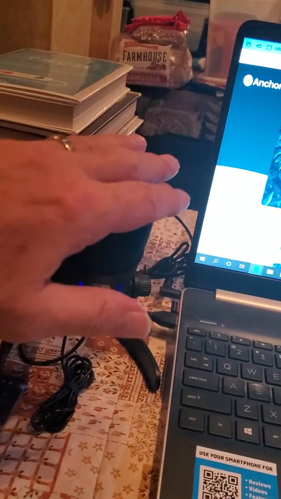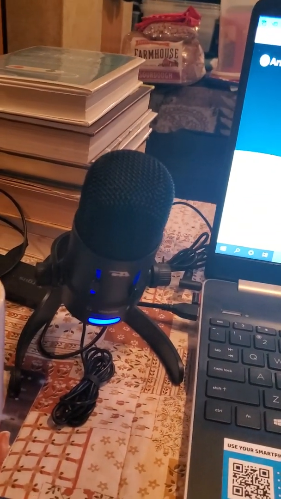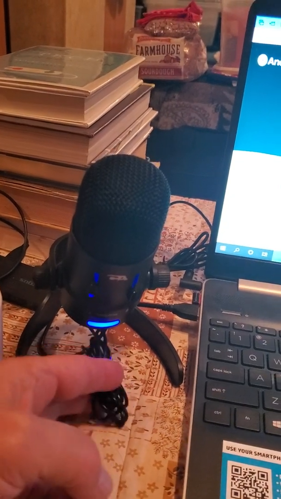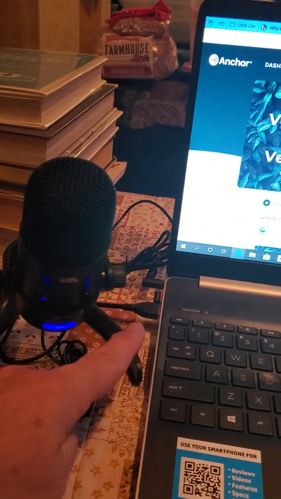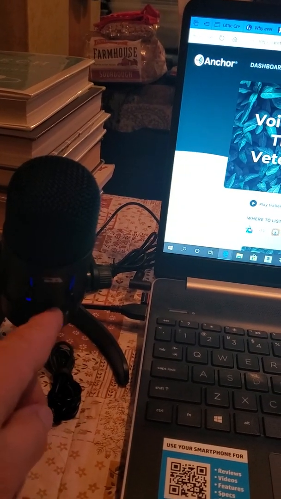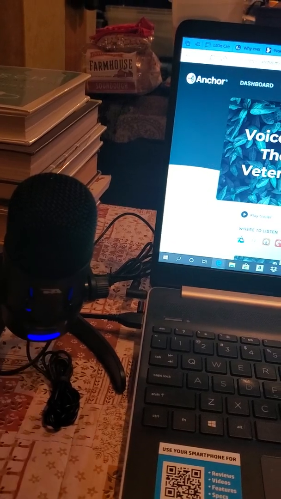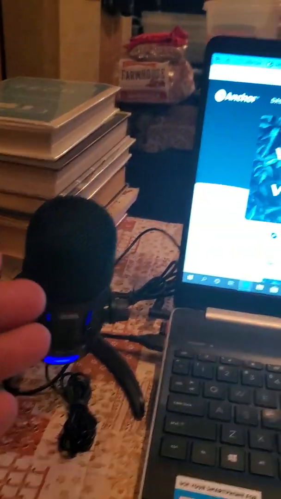The stand keeps it from vibrating or having anything that interferes with it. And of course, this right down here is the plug for the headphone, and then it goes straight into the USB jack. So it's USB fed for the power, and this is what this light is all about, the power. So it's pretty much a plug-and-play situation.